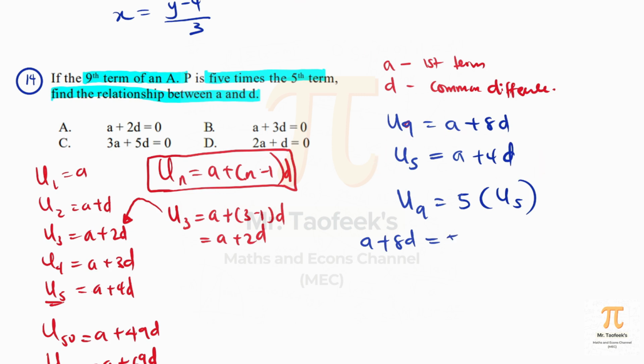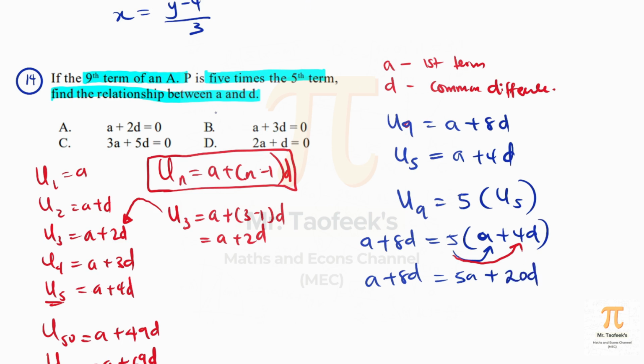So we have A plus 8D to be equal to 5A plus, expanding the bracket, this is 5A, and then multiplying your 5 again by 4D, that's going to give us 20D. So we have plus 20D.